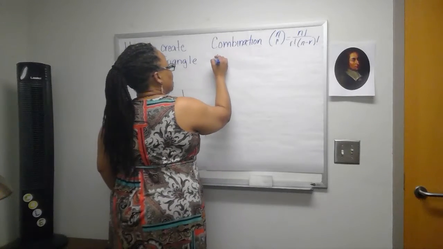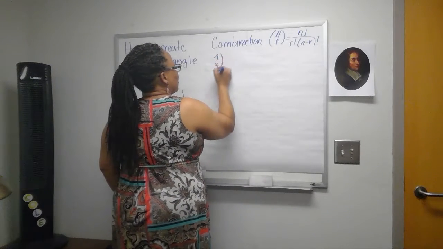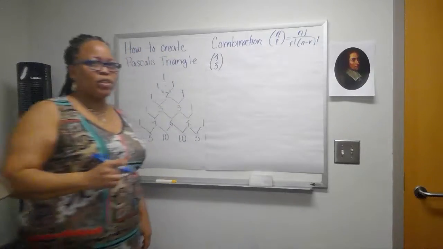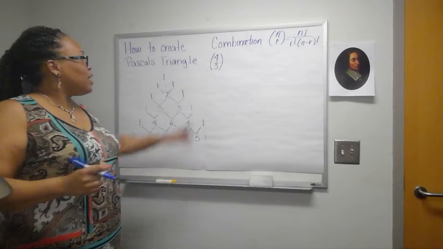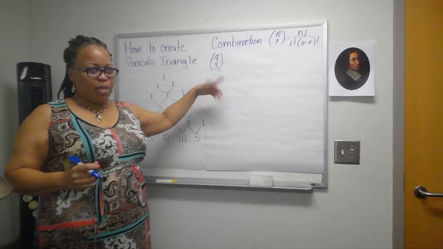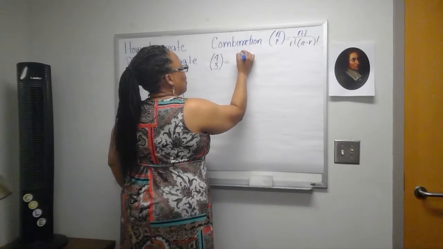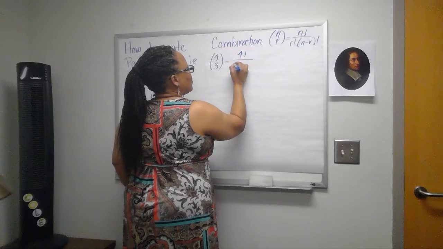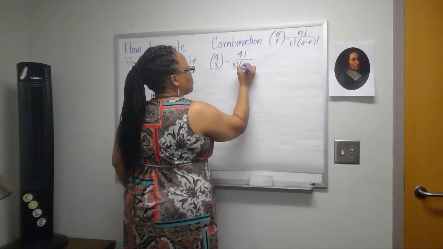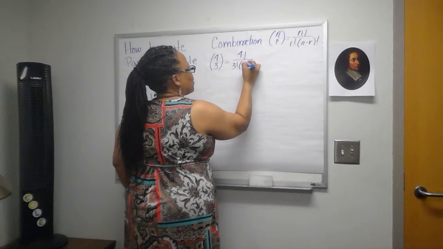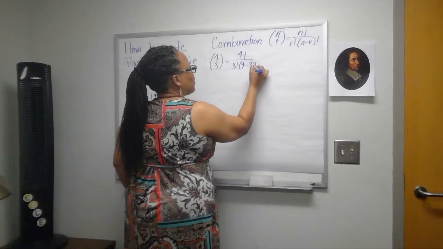Let's say, for instance, we wanted to use 4 choose 3. 4 choose 3, basically the N and the K, would equal 4 factorial over 3 factorial times 4 minus 3 factorial.